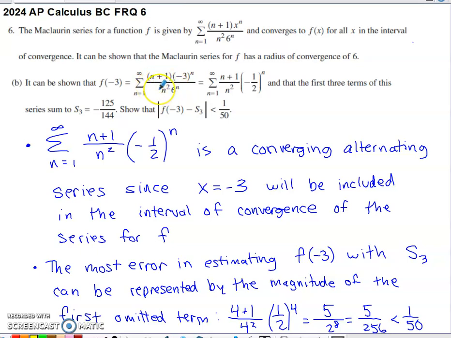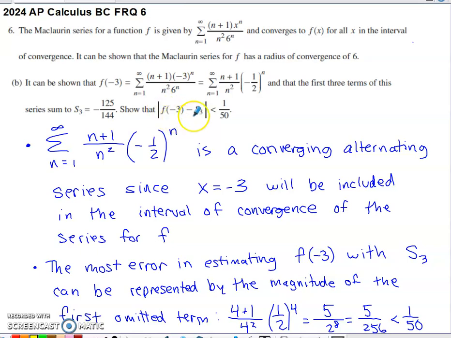So this will definitely equal f of negative 3, and they've simplified that for us to this. And it says the first 3 terms of this series sum to negative 125 over 144. Show that the difference between f of negative 3 and this third partial sum has an absolute value that's less than 1 over 50.